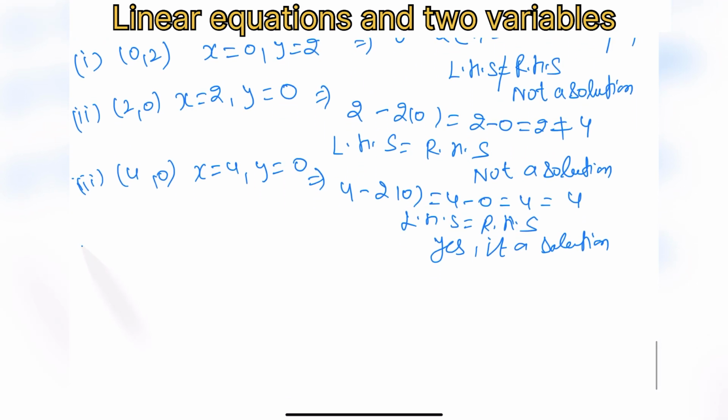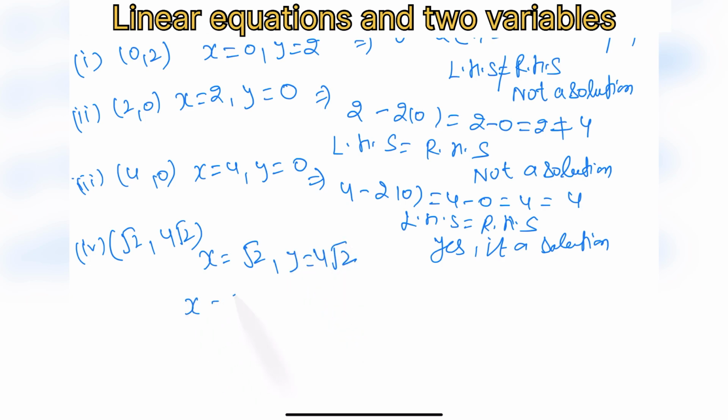Now the fourth part is (root 2, 4 root 2). That means the value of x here is root 2 and the value of y here is 4 root 2. We have the equation x minus 2y is equal to 4. Putting these values in this equation, root 2 minus 2 into 4 root 2 is equal to root 2 minus 8 root 2.